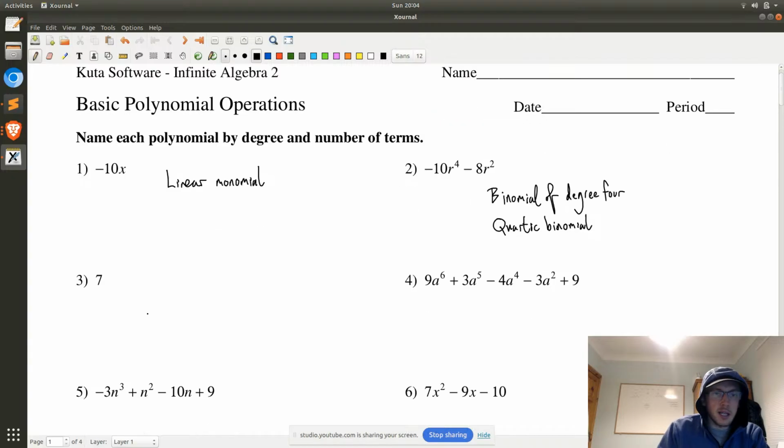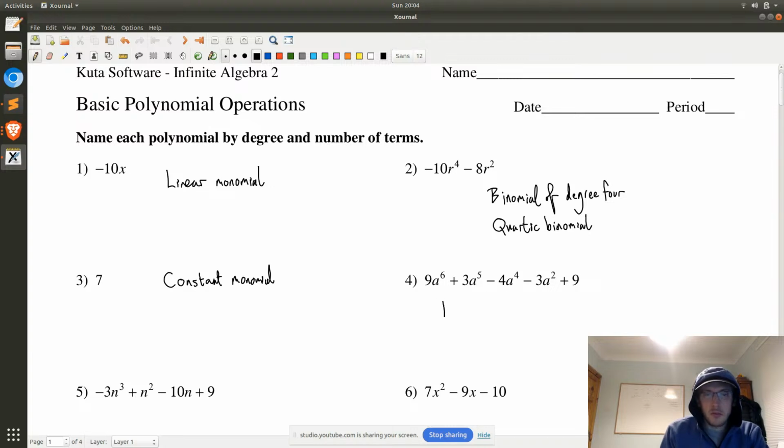This is just a constant term, and it's a polynomial of either degree 0 or degree infinity. I've heard both, but we can just say it's a constant monomial. This is of degree 6, and it has 5 terms.